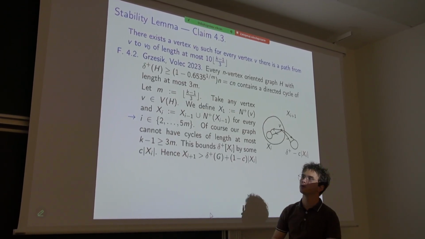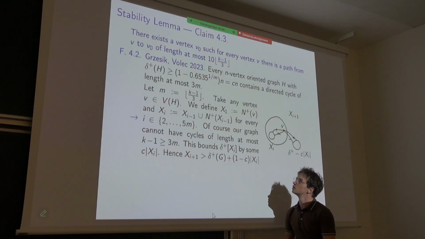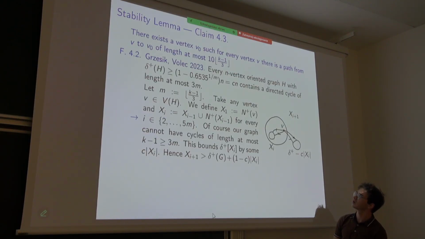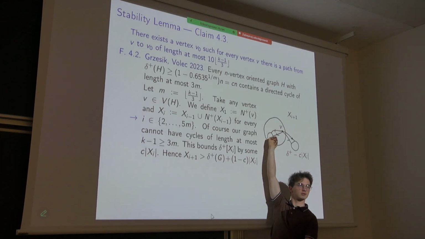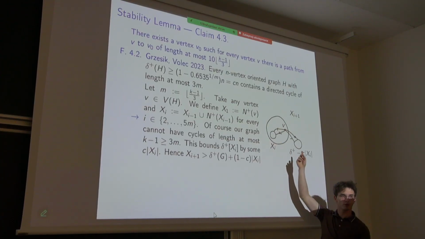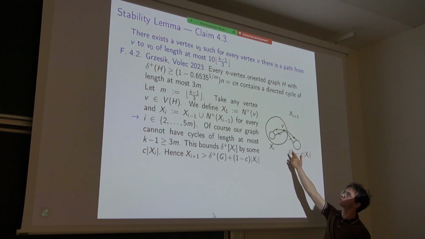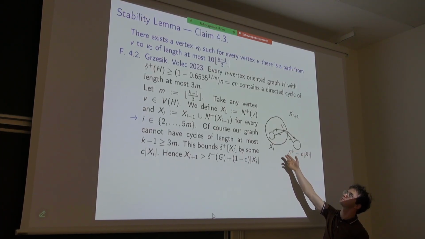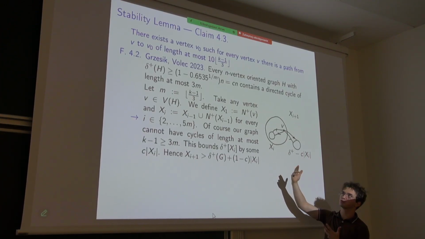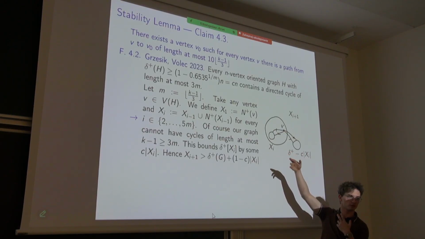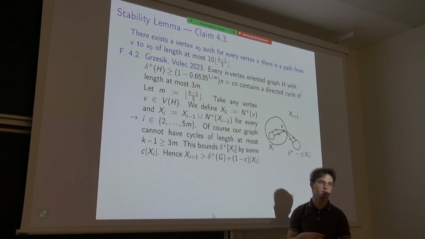And when we have this X_i, notice that if the minimum outdegree is greater than c times the size of X_i, then from fact 4.2 we would create a forbidden cycle of length smaller than k.